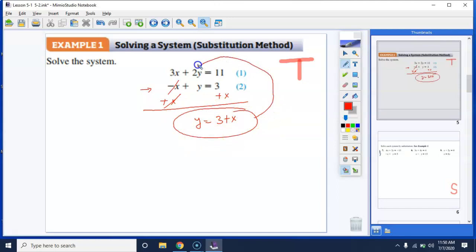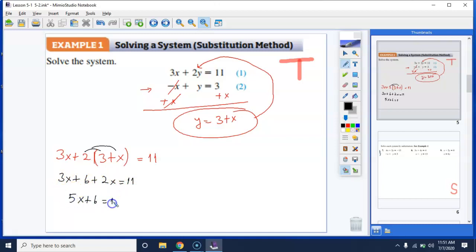I know what y is right now, right? y is 3 plus x. So 3x plus 2y, but I know what y is, 3 plus x. Let's plug it in there: 3x plus 2 times (3 plus x) equals 11. Let's distribute: 2 times 3 is 6, 2 times x is 2x. Combine like terms, 3x plus 2x is 5x, plus 6 is 11.